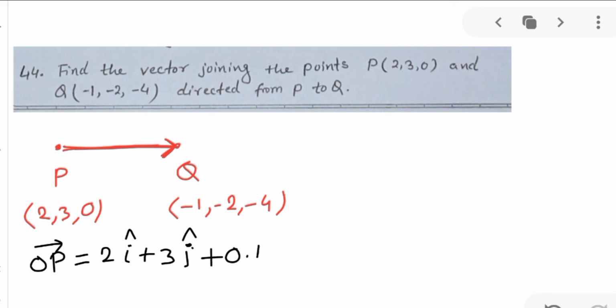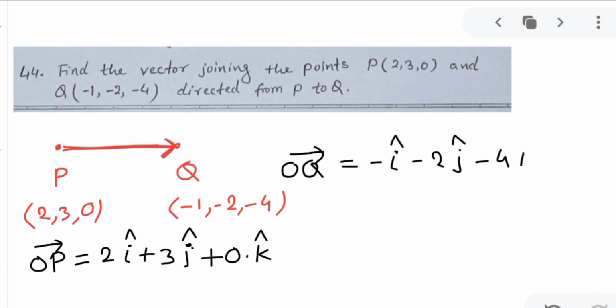You can write plus 0 into k or you cannot write it, because that is 0. And similarly, position vector of Q, OQ, since the coordinate of Q is -1, -2, -4, will be -i minus 2j minus 4k.